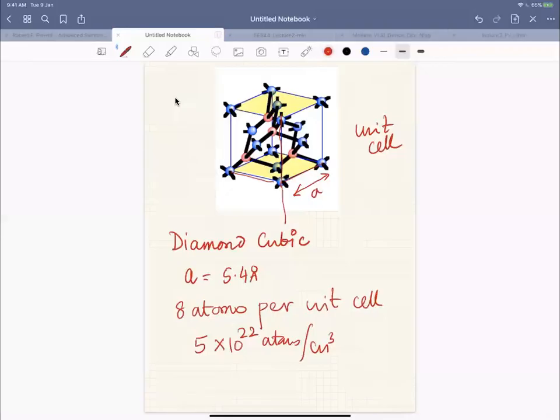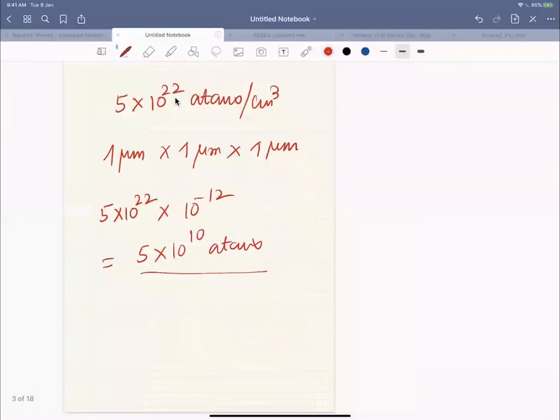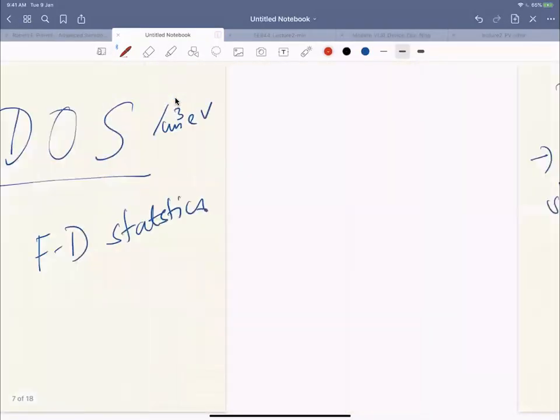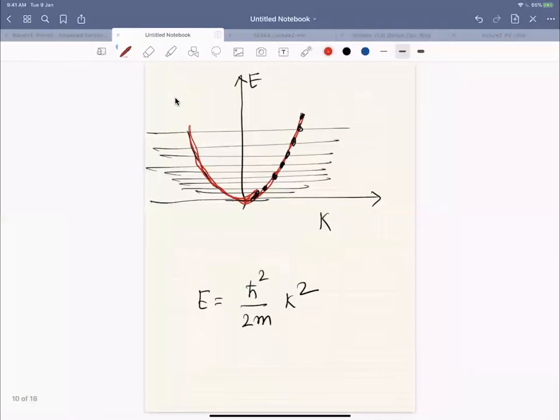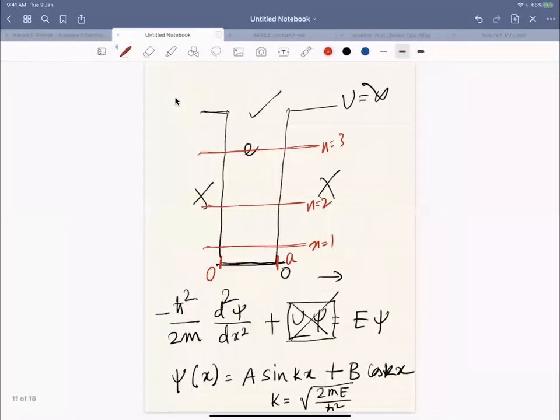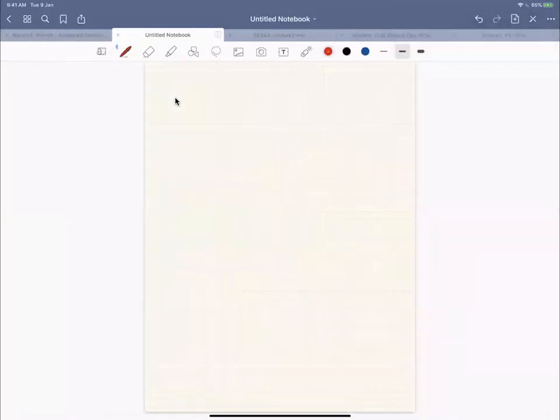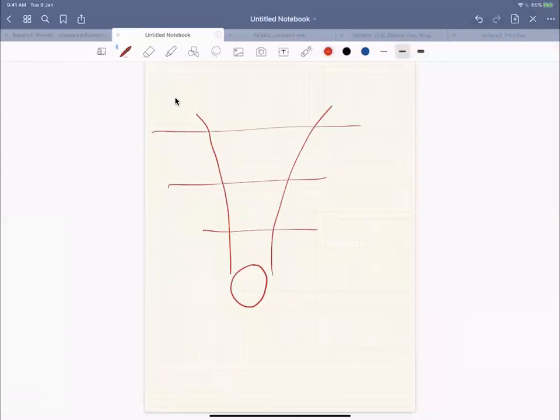the individual atom has discretized energy states: n equal to 1, n equal to 2, n equal to 3.